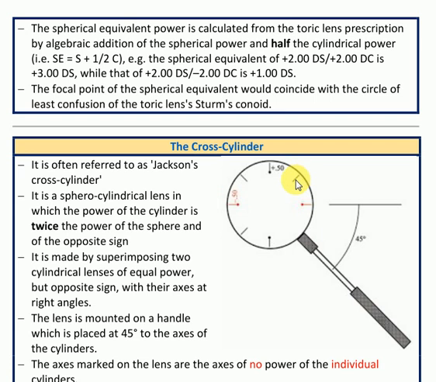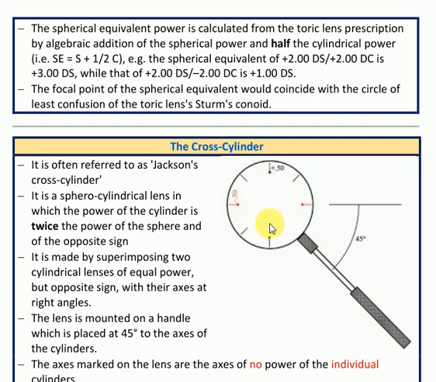To check the power, the axes of both are lying the same. The axis of the trial and cross cylinder lie the same, while to check the axis, this Jackson cross lies obliquely to the axis of the trial lens. So this is a spherocylindrical lens.